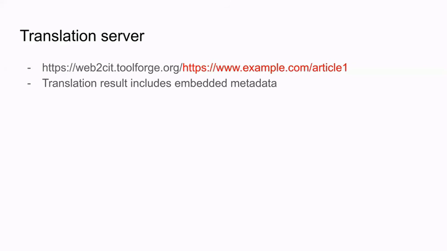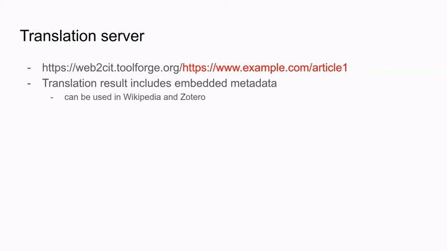But the interesting part of this is that not only will you get a web page, but this web page is going to include embedded metadata in a standard format. And because of that, this full URL is going to be understood by Citoid and by Zotero translators, so that you can simply digest this into Wikipedia or Zotero.